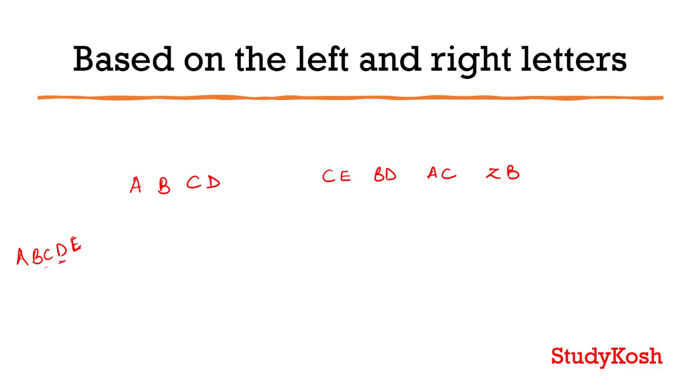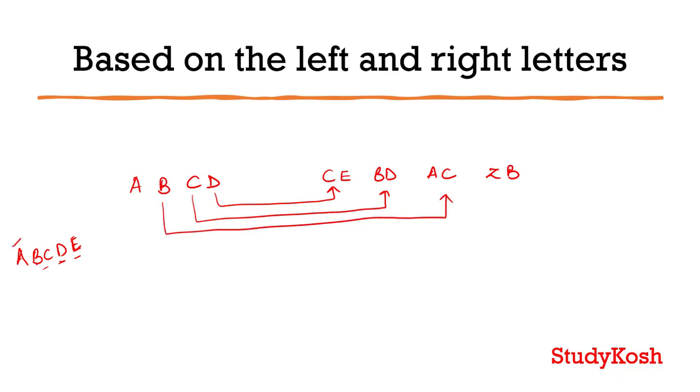Here is D, here is C, here is E. It is valid because we are getting letters on the left and right side of D. Let's check the next, that is CBD. So CBD, correct. Then BAC, BAC. Then for A, it is ZB. So we'll get Z this side, the last letter of the alphabetical series, and A is in the middle and B is on the right hand side. So this is how this left and right letters based coding works.